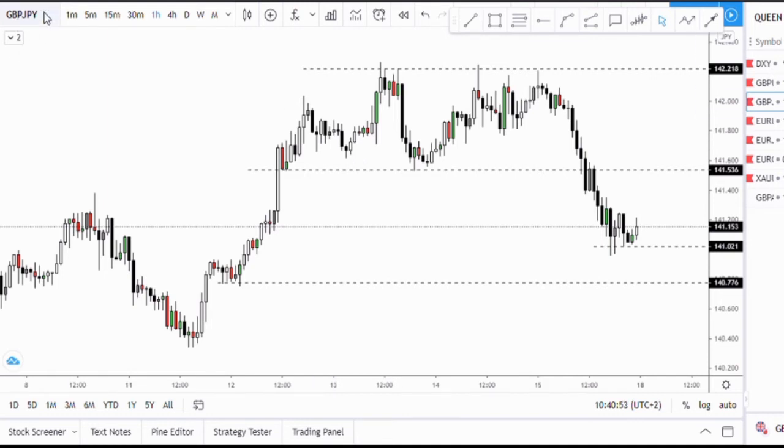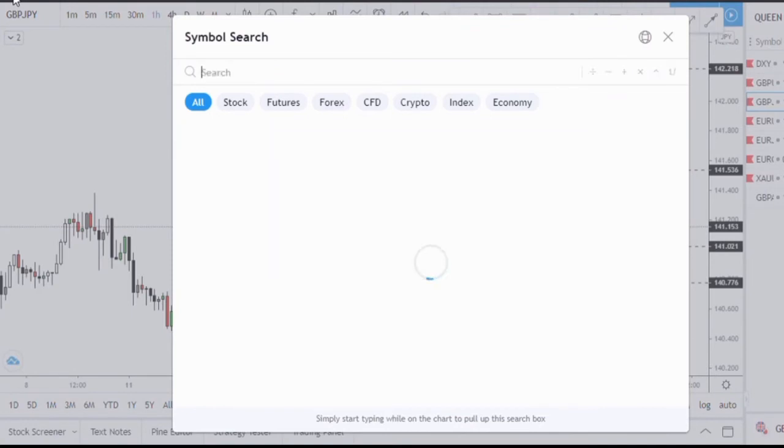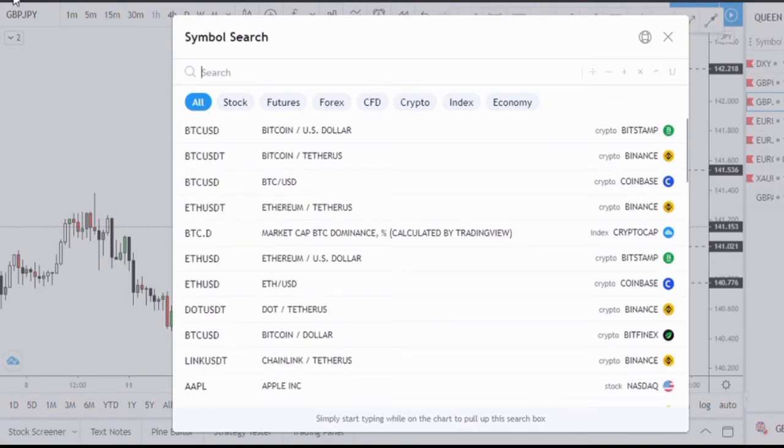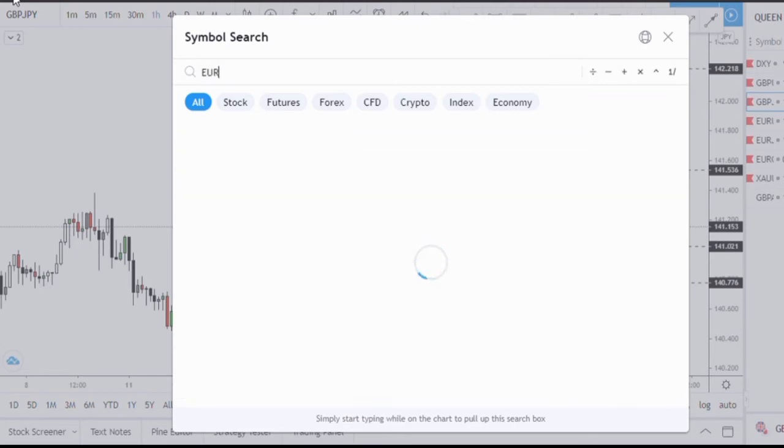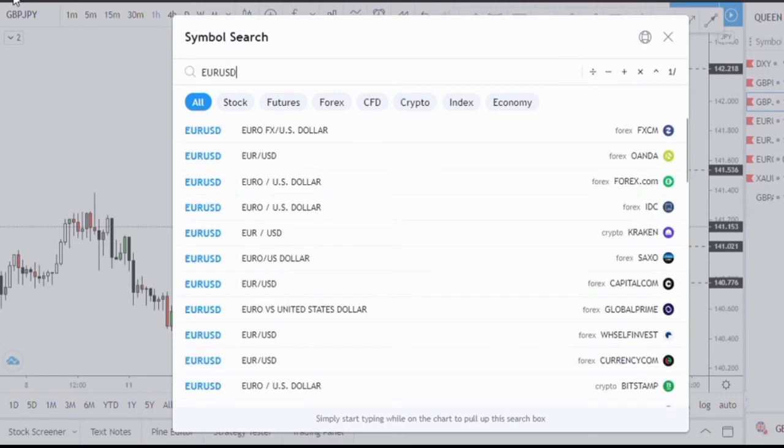If you would like to explore your options, another pair that I would advise during London session is, so during London session there are actually a lot of pairs that you could trade because pound and euro are on.